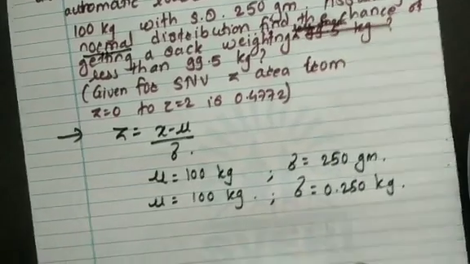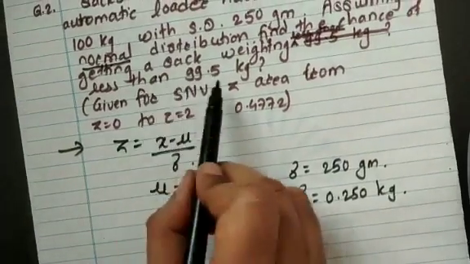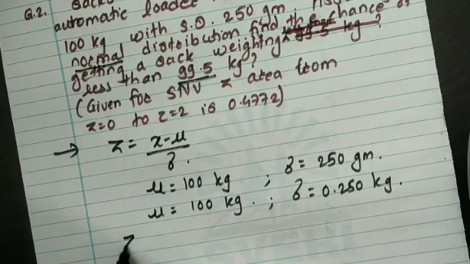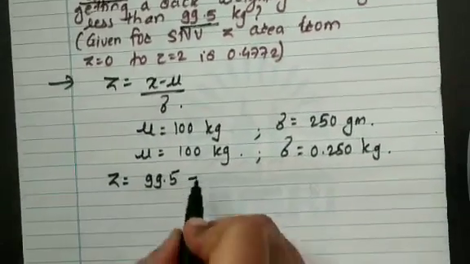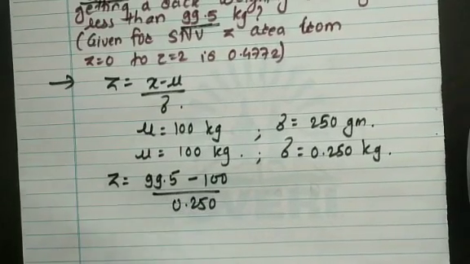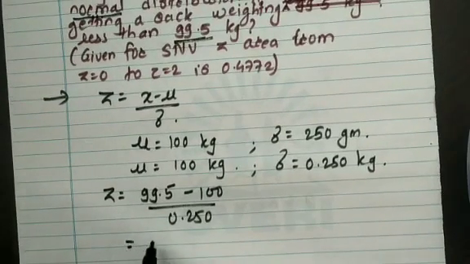Both are in kilograms now. Okay, then your question is less than 99.5. So 99.5 is your x now. So z is 99.5 minus mu 100 upon 0.250 and which is equal to minus 2.